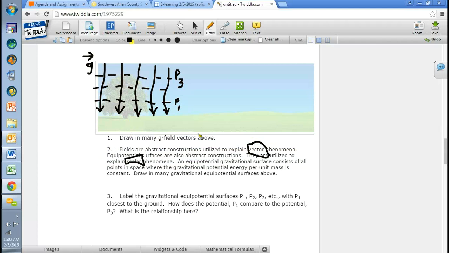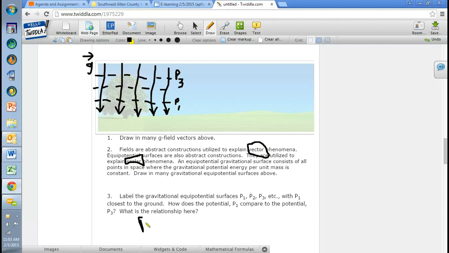Raj, I like how you're being honest here. I want Raj to answer this. Is the gravitational energy more at P1 or P3? Yeah, it's more at P3. So that means P3 has got to be bigger than P1, right?